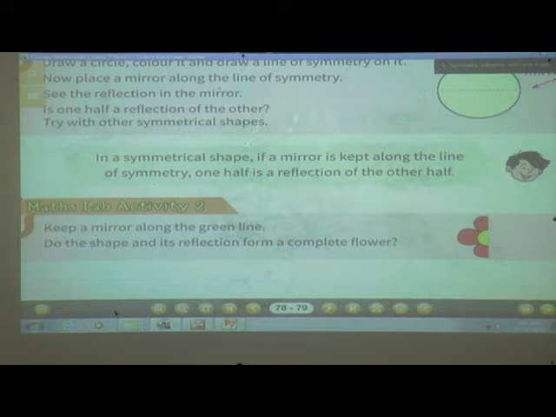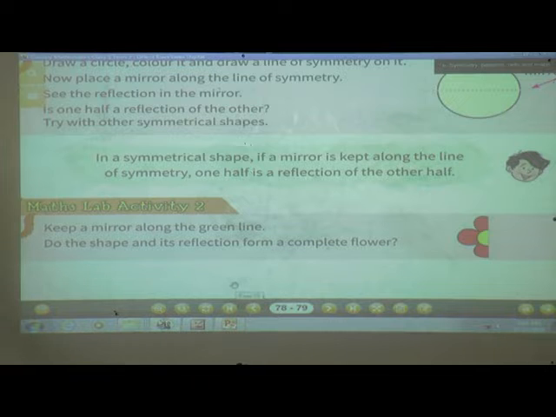Do the shape and its reflection form a complete flower? Yes, because in a symmetrical shape, if a mirror is kept along the line of symmetry, one half is a reflection of the other half. So that's why it completes a flower.